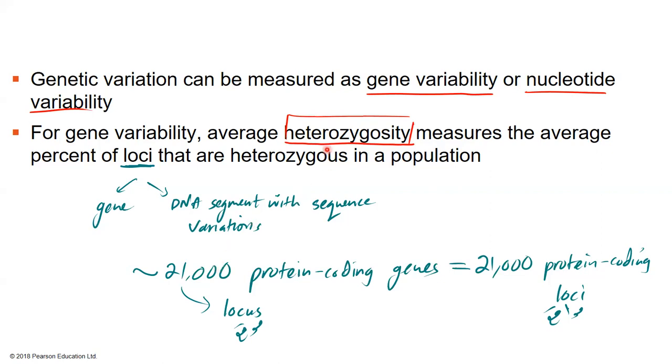Okay, the more heterozygosity observed among members of the population across all loci, the higher the gene variability. The higher the gene variability observed in a population, the higher the genetic variation within this population. Okay. So one leads to the other.